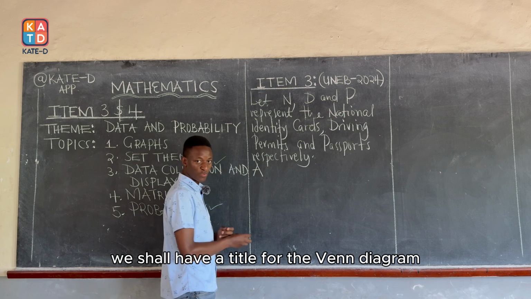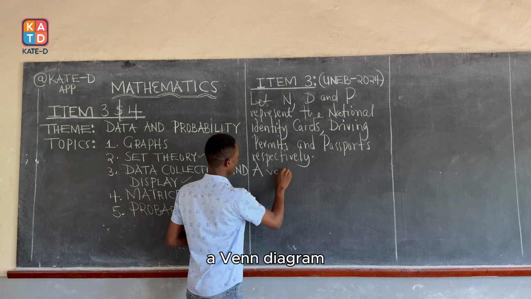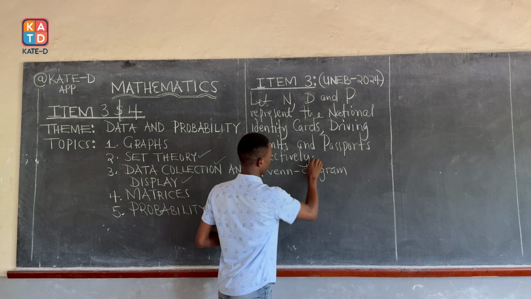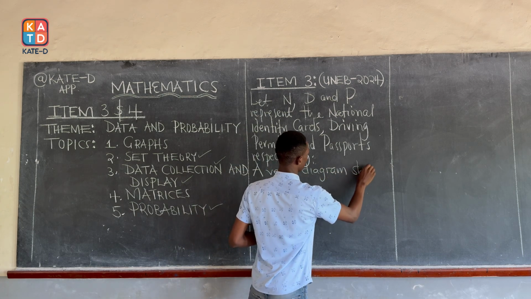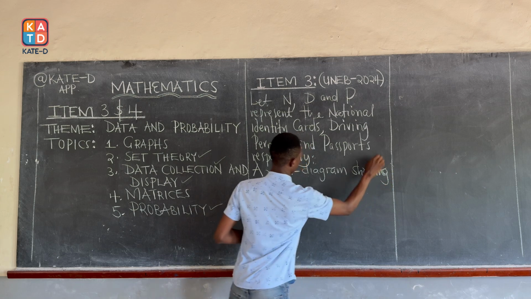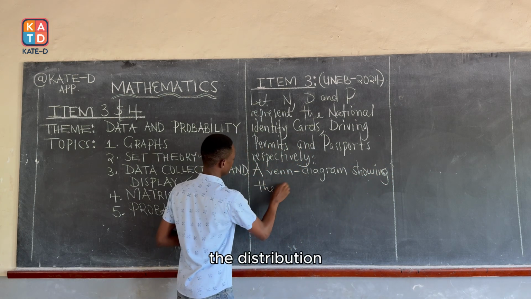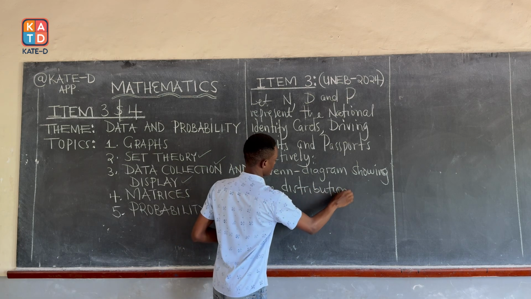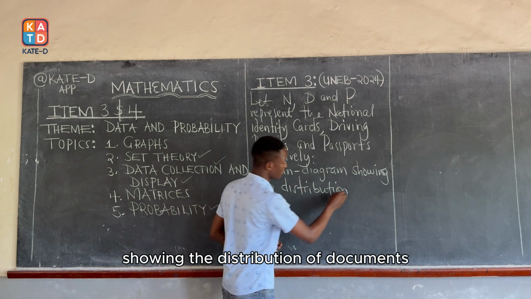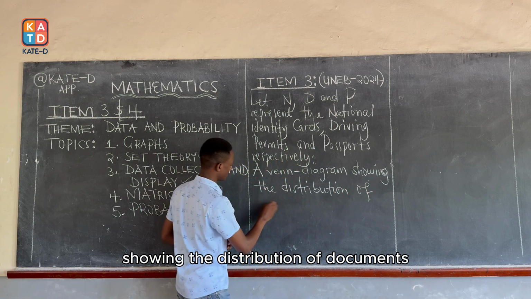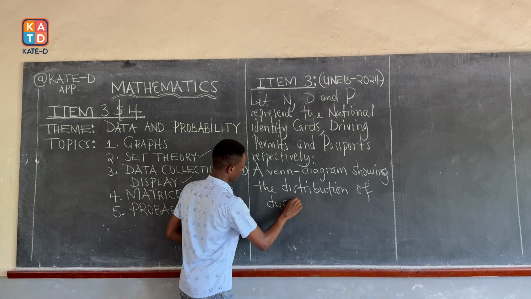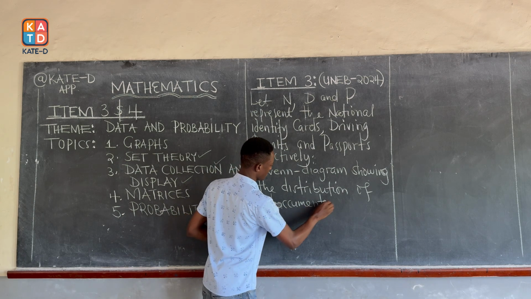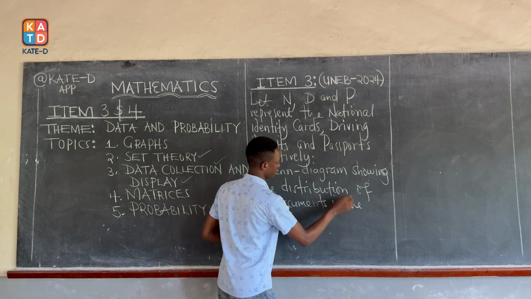We shall have a title for the Venn diagram: A Venn diagram showing the distribution of documents in the region.